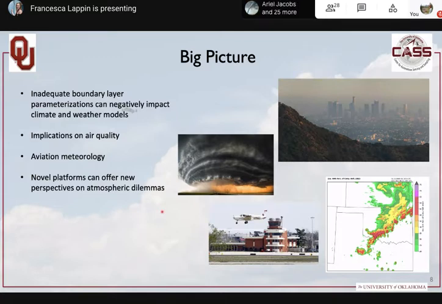It has implications on low-level winds and vertical motion, which is very important for pilots, especially in smaller aircraft. And when we bring in RPAS, we get a new way to sample the atmosphere, which can offer new perspectives on classical meteorological problems such as tornadic versus non-tornadic supercells.